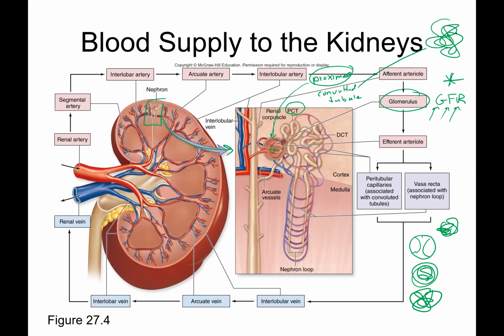Then after that, still going in order, you have the loop of Henle, also known as the nephron loop.